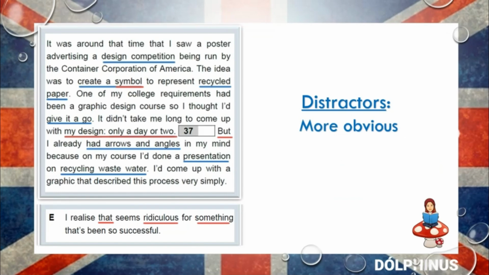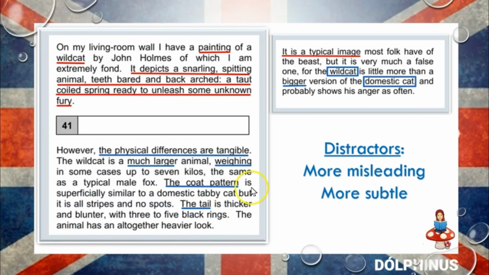In B2, as the sentences are less complex and there are more linking words, the distractors are more obvious. Contrary to C1, because they are more subtle and it is more difficult to notice at first, so you have to pay close attention to notice them and not be misled.